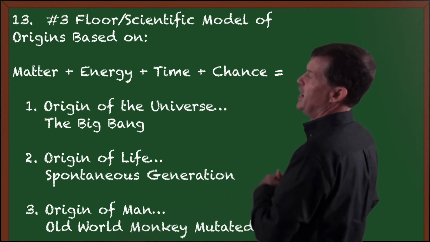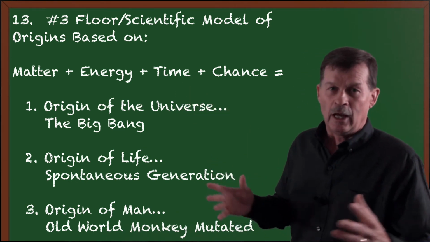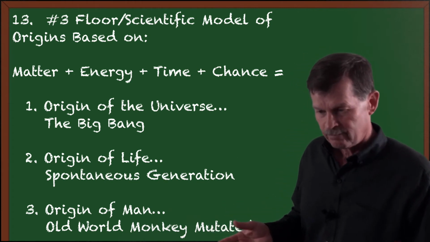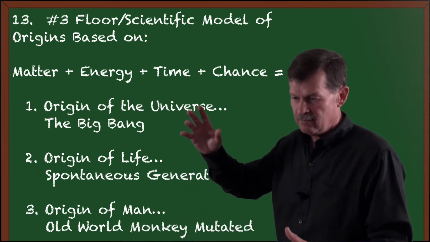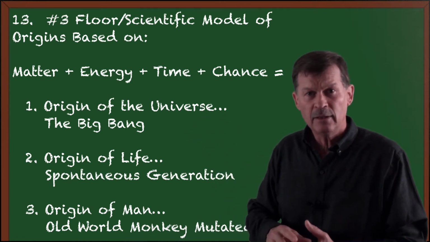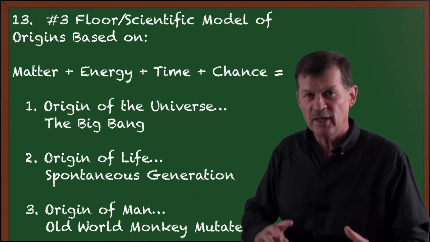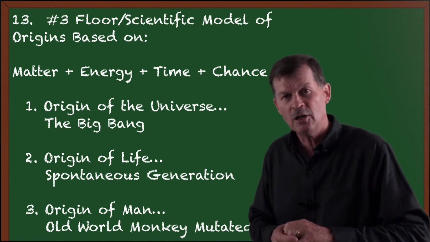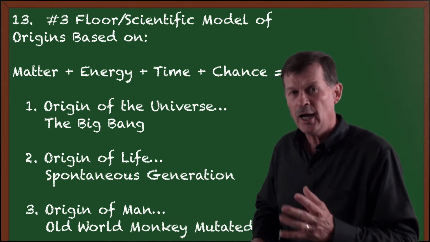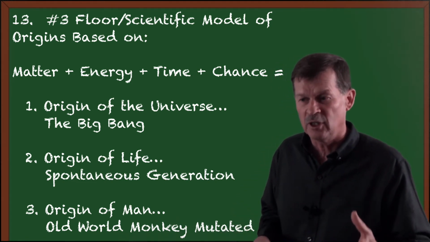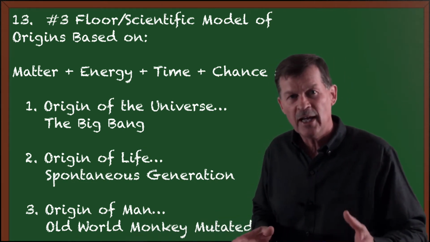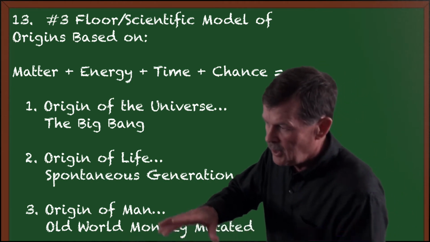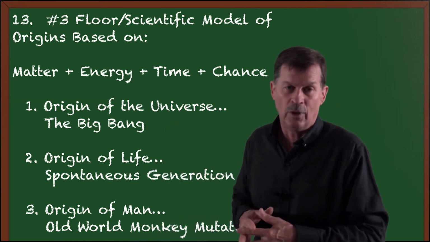The origin of man. An old world monkey, a previous species that was then somehow mutated because of a release of energy of some type that caused mutations, and over time those mutations were beneficial enough to change the genetic makeup, the DNA, to being a higher level.